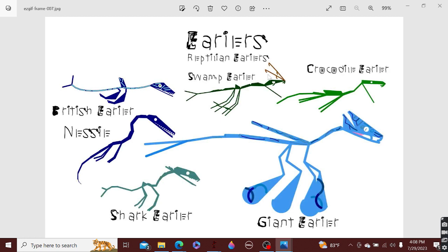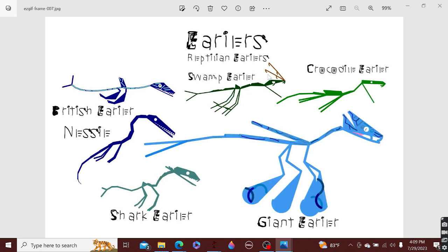Also, giant Eariers will sometimes hunt humans, but this is extremely rare, kind of like shark attacks. But they will eat humans if the occasion presents itself. They mostly target large animals such as hadrosaurs, small sauropods, and small to medium-sized theropods.